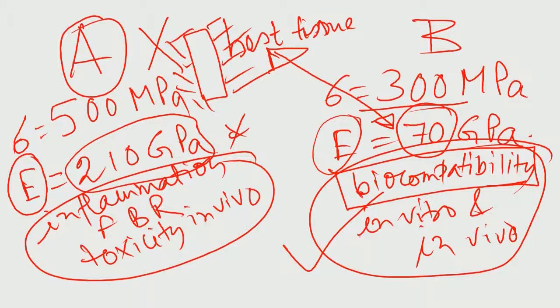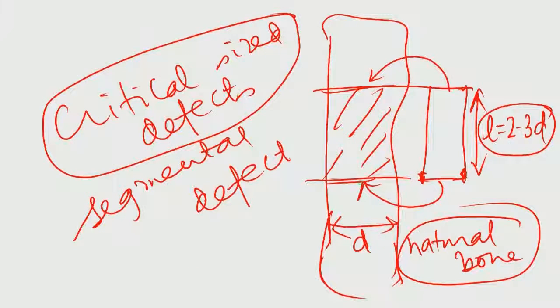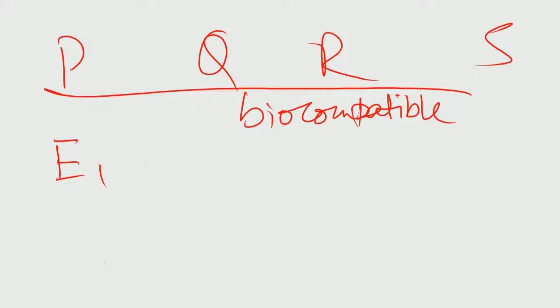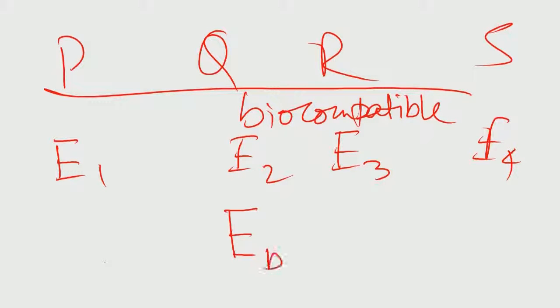Once a material is biocompatible, and you have to select from a group of biocompatible materials like P, Q, R, S, which are all biocompatible, then depending on the different material compositions, they have different elastic modulus values E1, E2, E3, E4, and your bone elastic modulus, let us say EB. Now you have to see which one is very close to EB.